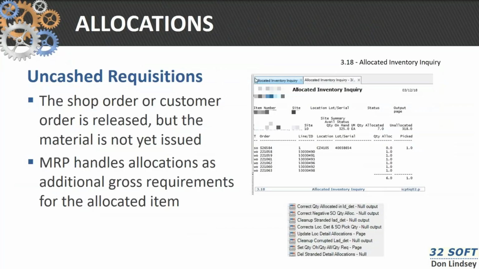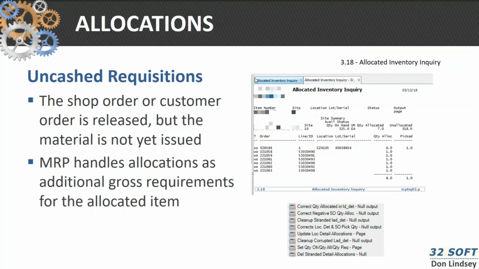There's what are called uncashed requisitions. Allocations. Allocations exist for shop orders that are released but have not actually been taken to the warehouse to be picked. MRP handles allocations as an additional gross requirement for the allocated items.